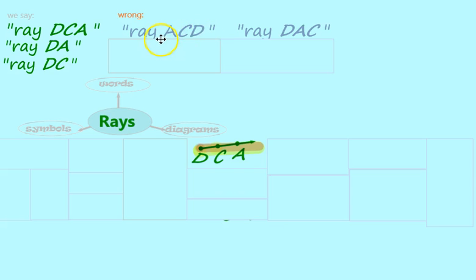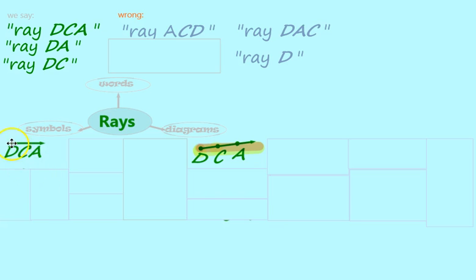In this case, C is between A and D, but the endpoint is A, which is wrong. Whereas in this situation, the endpoint is D, but A is placed between D and C, not as it is on the diagram. It certainly would be wrong to name the ray by one of the letters, even if that letter is the endpoint. Well, let's look at how this ray could be named in symbols. Keep in mind what we've already discussed for describing it in words.